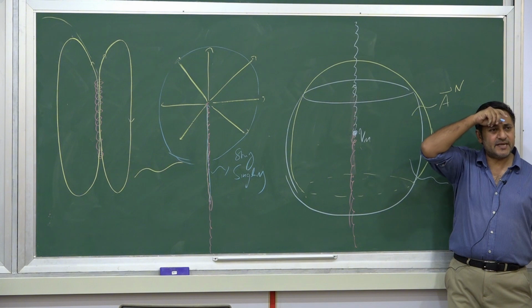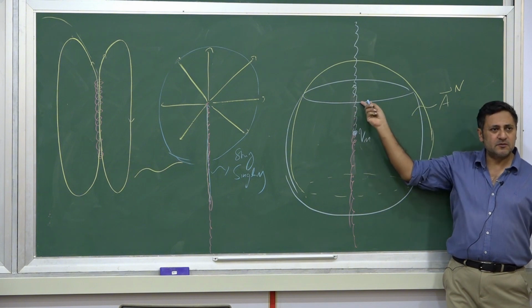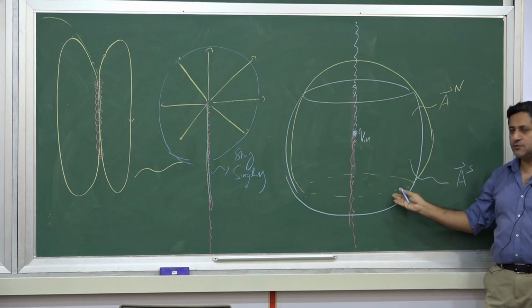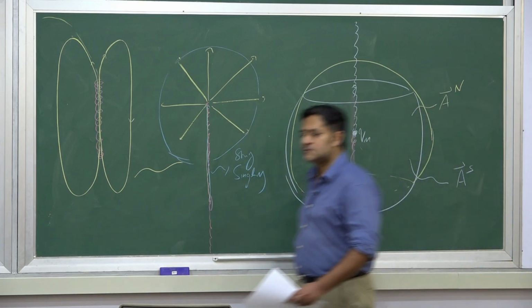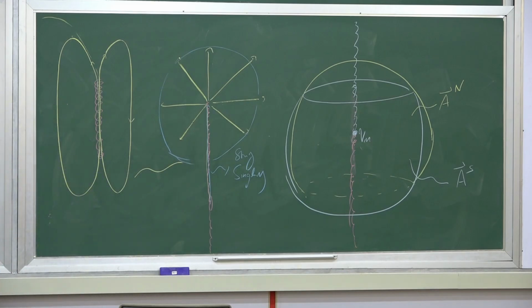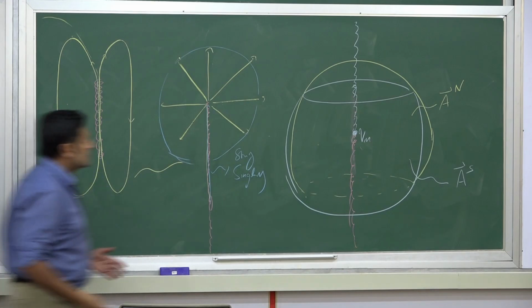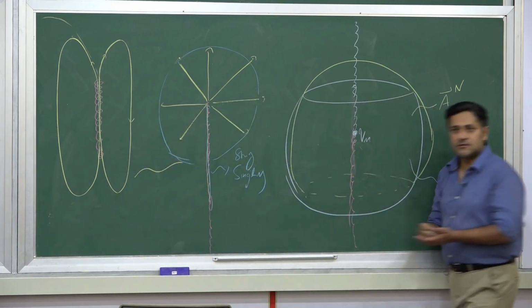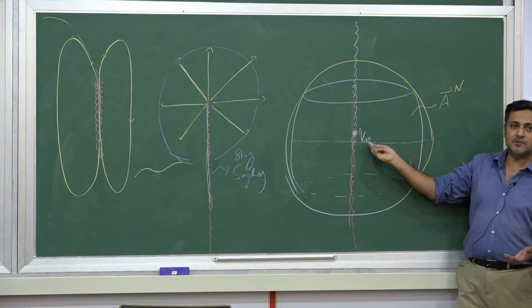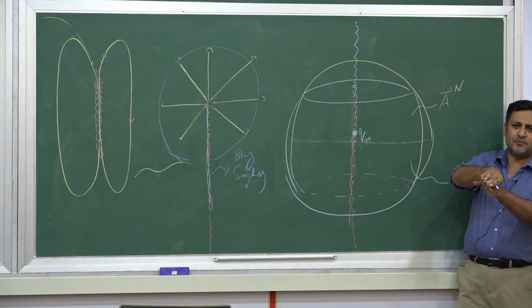So what I can do is use that for the north part, and for the south part, I can use that. But they're going to intersect at some point. You cannot stop at a line, and then you have to tell what happens on the boundary. So you have to patch them properly.